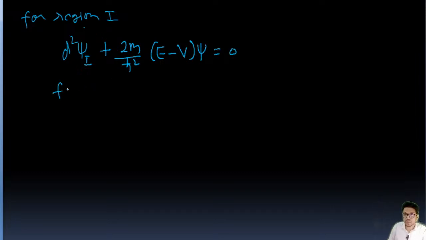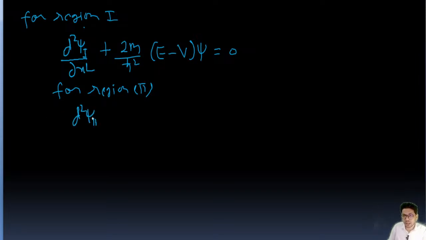And for region 2, the Schrodinger equation is d2 psi 2 upon dx2 plus 2m upon h cut square.